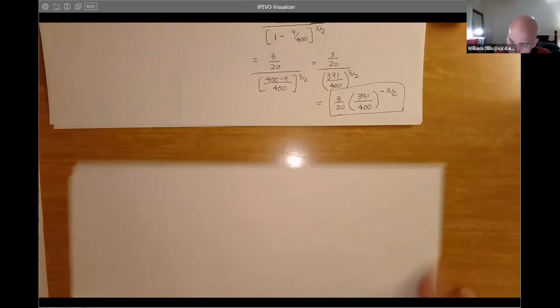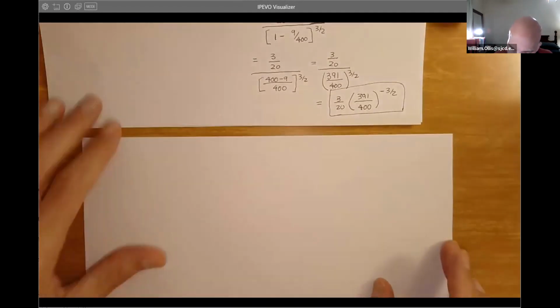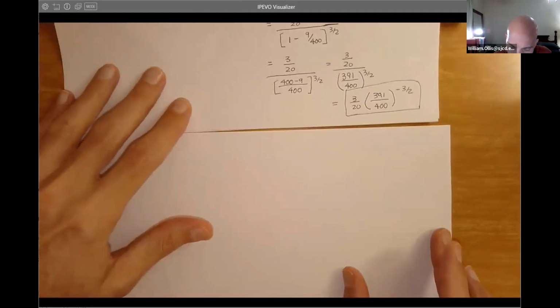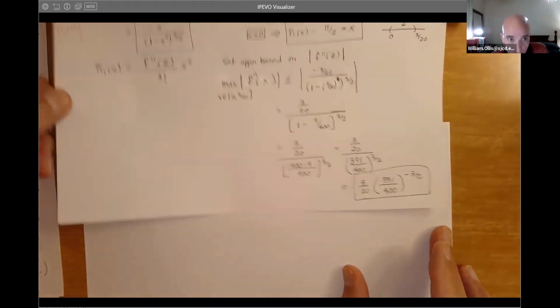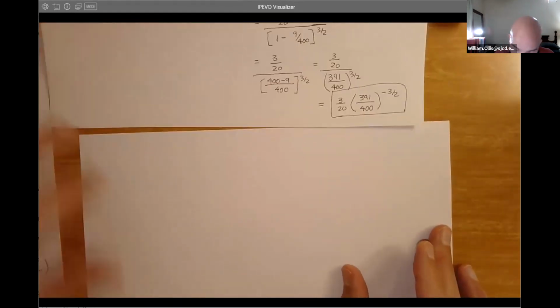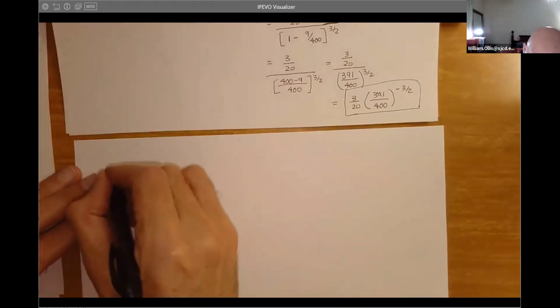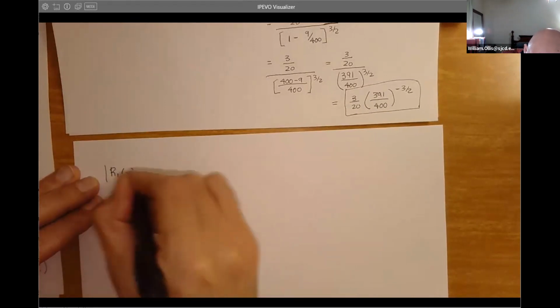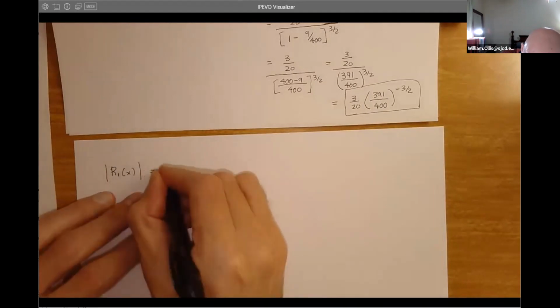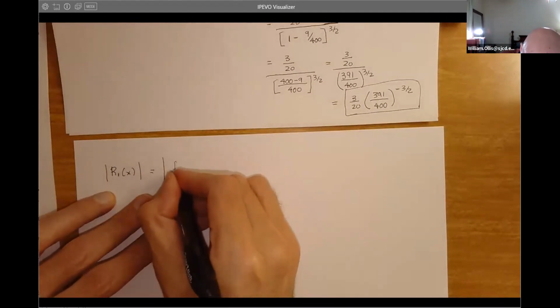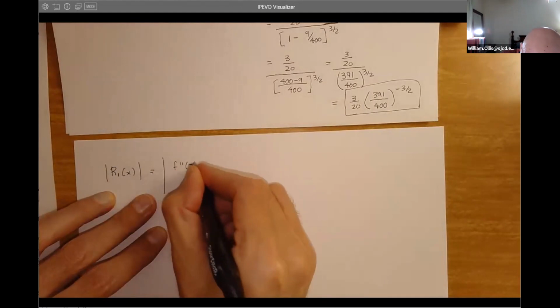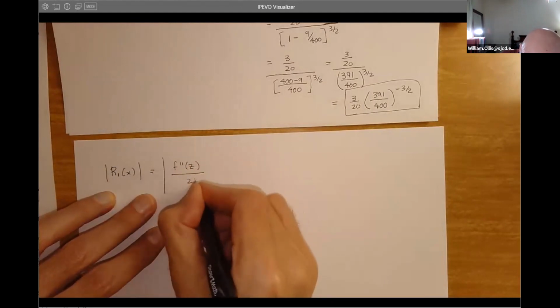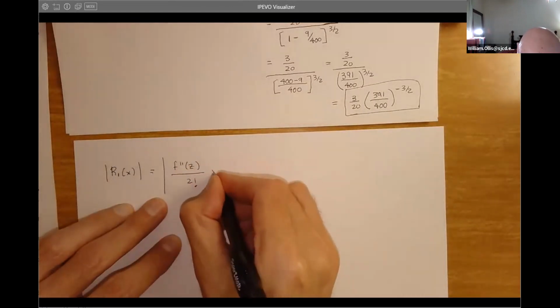So with this particular construct, we can now go back to the remainder, which is up here. So let me write this down. Let's get an upper bound on the remainder. R1 of X in absolute value equals, again, F double prime of Z divided by 2 factorial, X squared.